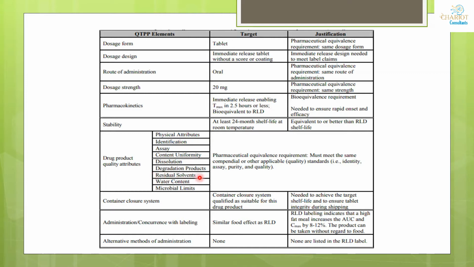So these residual solvents, for example in coating you are using a solvent, for example IPA. After the drying process, whatever solvent is remaining after the drying process, this is called residual solvent. Or in some cases you are doing granulation with an organic solvent.